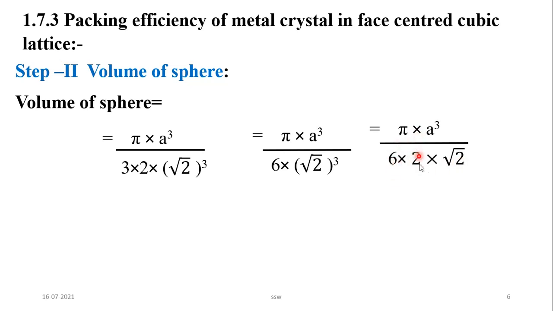Therefore, 6 into 2 into root 2, and that is equal to what? Pi into a cube divided by 6 into 2, which means 12 into root 2. So the volume of a single sphere is pi into a cube divided by 12 into root 2. This is the volume of the sphere in FCC structure, or CCP structure or HCP structure.